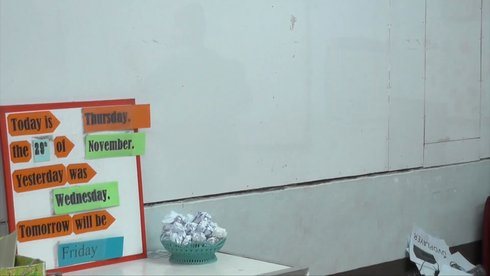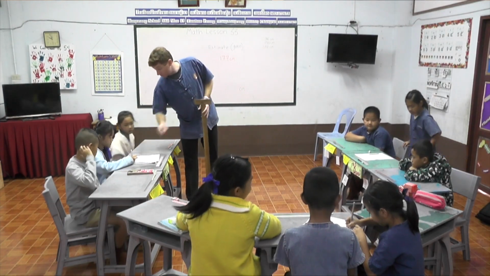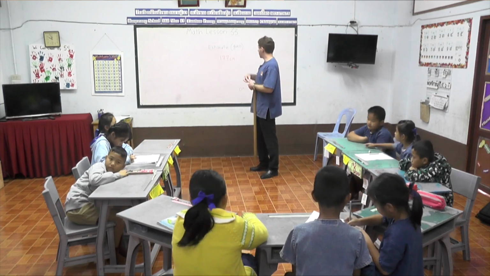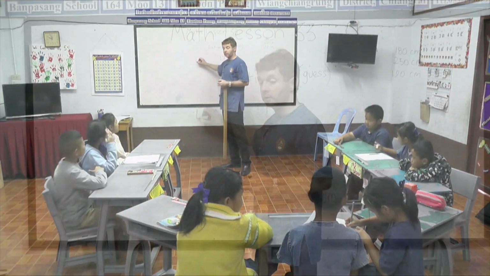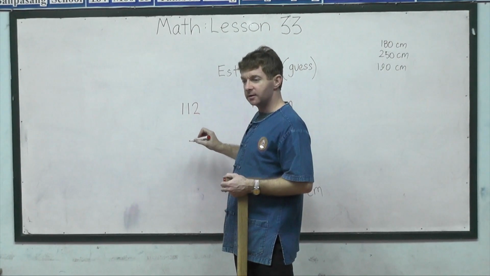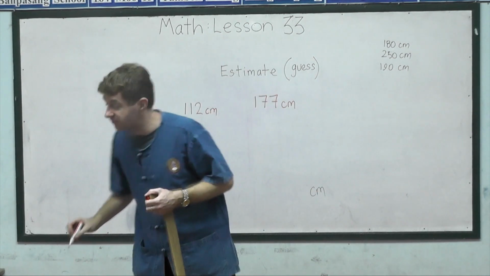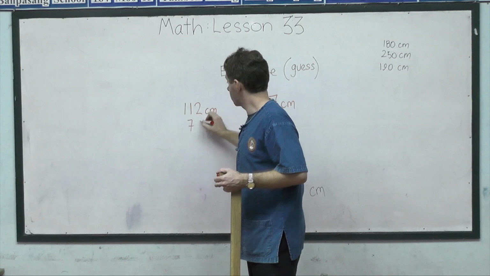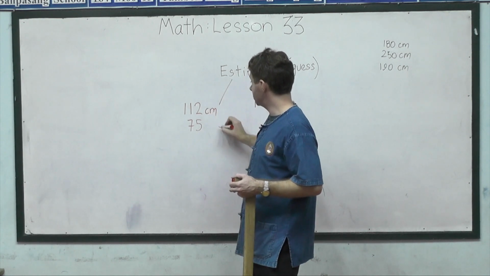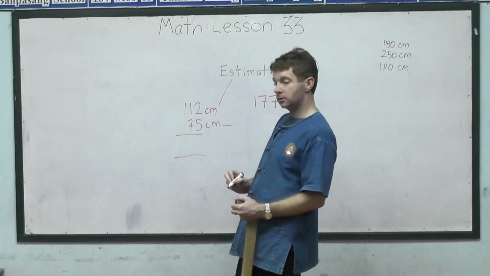So now, work out your estimate. So Dan, you thought 112 centimeters. And what was it? 75 centimeters. So what we need to do, this was the estimate. This is the actual. So we need to minus 75 from 112.